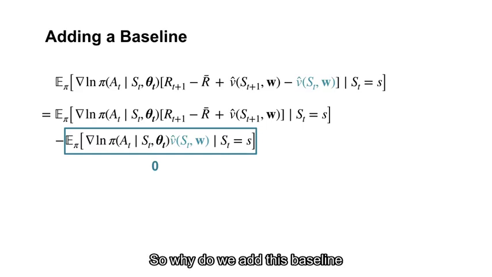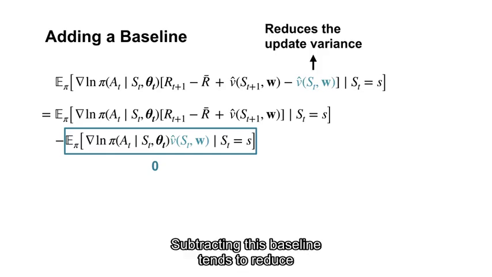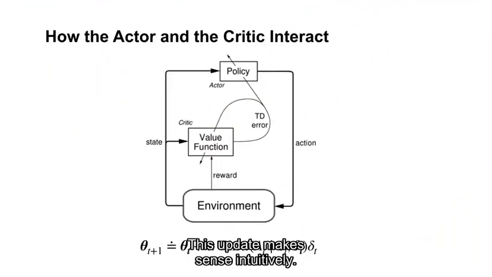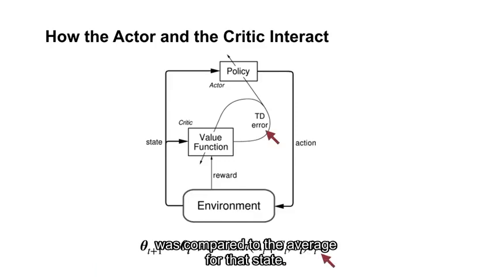So why do we add this baseline if the update is the same in expectation? Subtracting this baseline tends to reduce the variance of the update, which results in faster learning. This update makes sense intuitively. After we execute an action, we use the TD error to decide how good the action was compared to the average for that state.